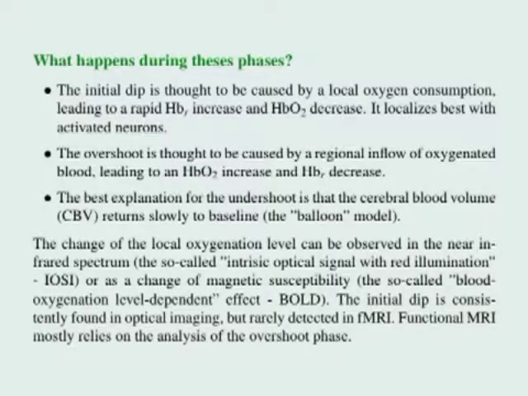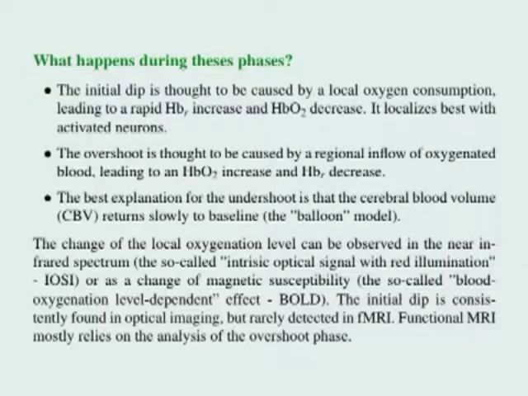And what happens essentially in these three phases, we already heard a little bit about it. So the initial dip is thought to be a result of a local oxygen consumption. So you have some stimulus, and those neurons consume oxygen, and you have a local reduction of oxygenated hemoglobin, or the increase in the deoxygenated hemoglobin and a decrease in the oxygenated hemoglobin.